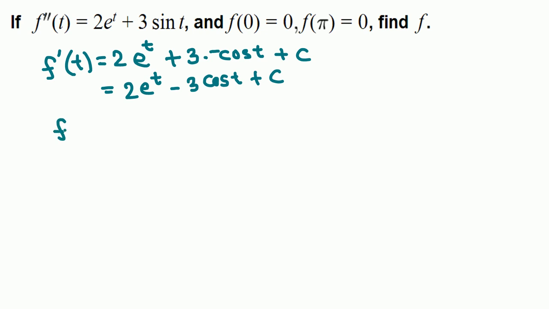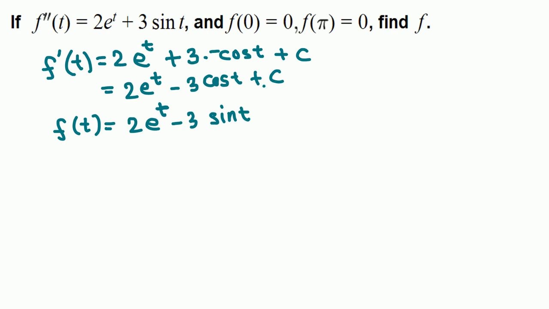We get the function f. The function is 2 times a function whose derivative is e^t, which is e^t, because the derivative of e^t is e^t, minus 3 times a function whose derivative is cosine t, that's sin t. The derivative of sin t is cosine t.